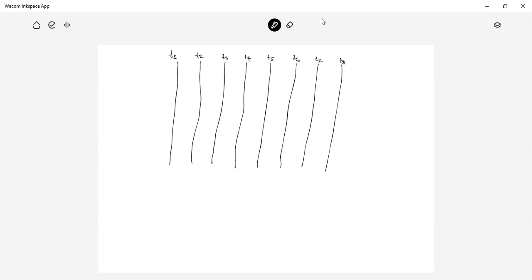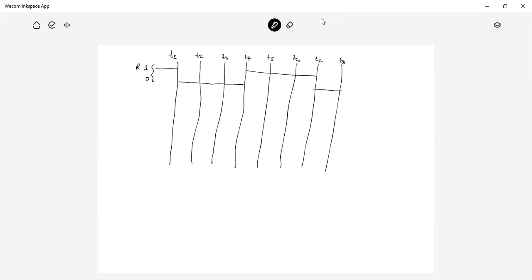There are 8 time slots, and in the 8 time slots, we say the R value is 1 and 0. So it is 0 state up to T4, and this one is 1 state up to T7, and then this is the 0 state.